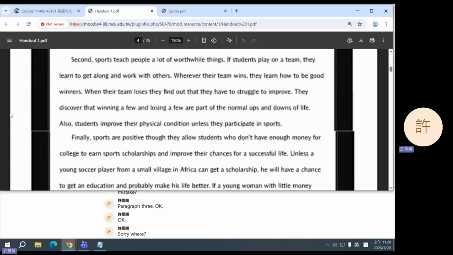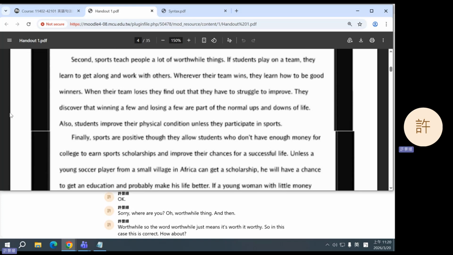Sorry, where are you? Oh, worthwhile things. And then worthwhile. So the word worthwhile just means it's worth it, worthy. So in this case, this is correct.